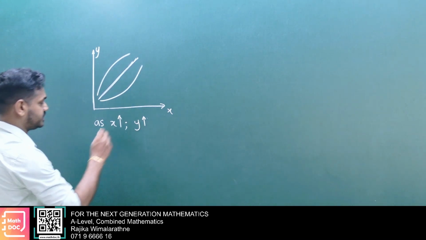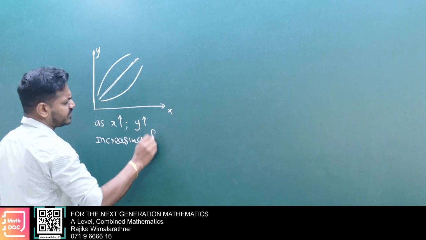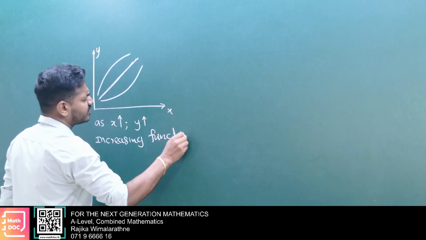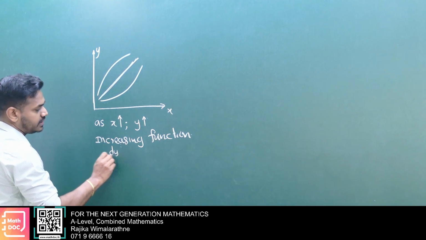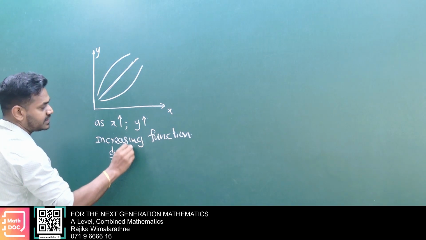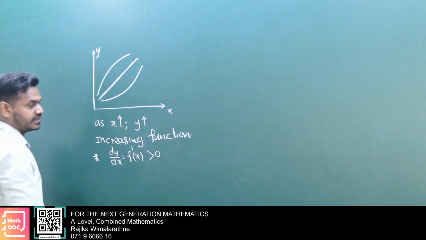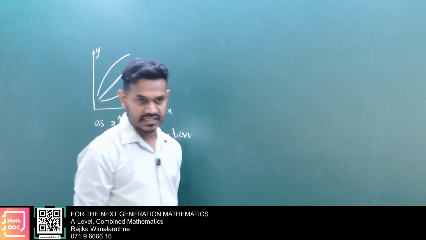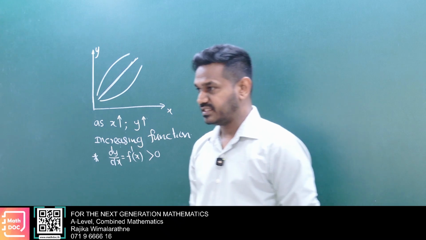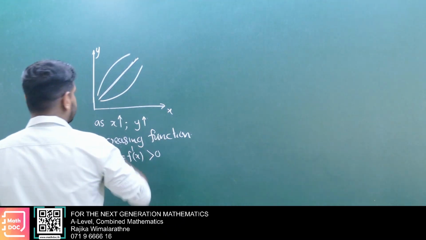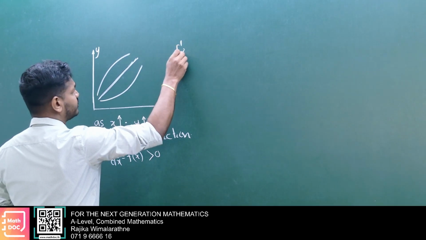For an increasing function, we have a special property: dy by dx, or f dash x, is positive. dy by dx greater than 0. That is for increasing functions. So in each case dy by dx is positive, f dash x positive.